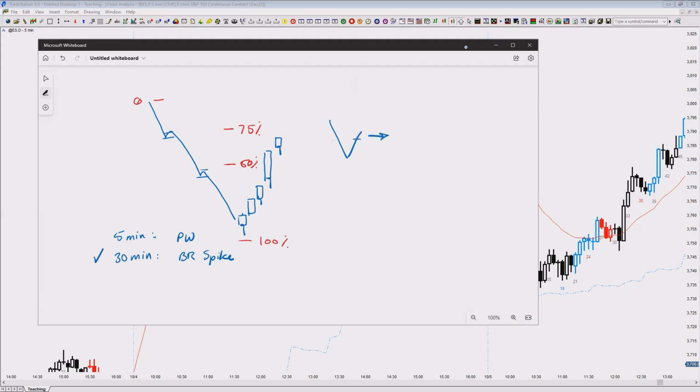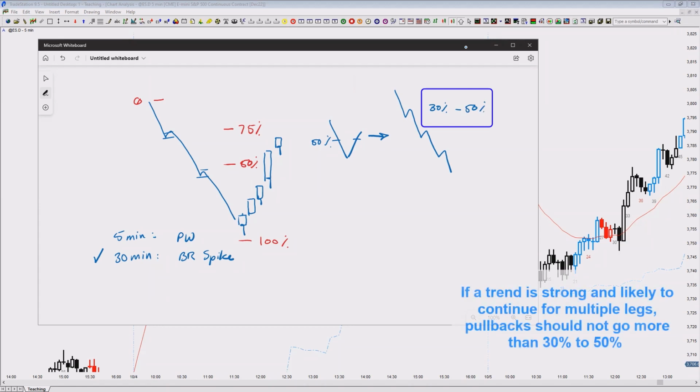When you go past that midpoint, 50%, odds are it's going to be a trading range, because if it is a trend and you get pullbacks, pullbacks don't go all that much back. They don't retrace a lot of this leg down. They retrace between 30% to 50%, and then there's trend resumption, usually even less than 30% if the trend is really strong.